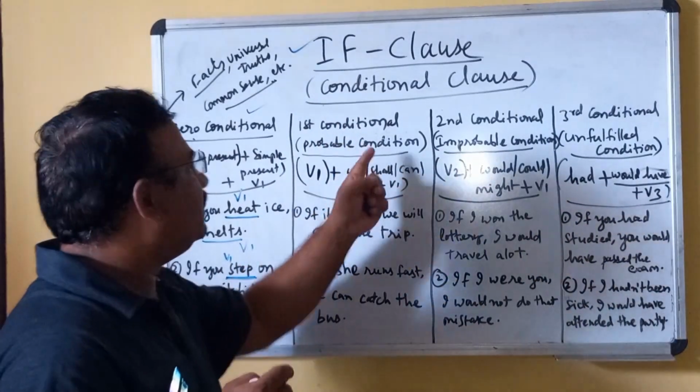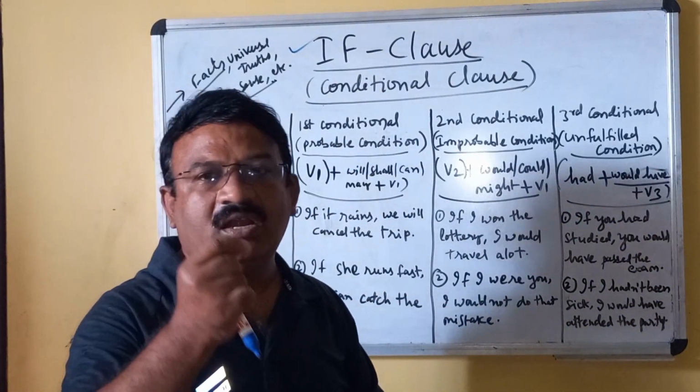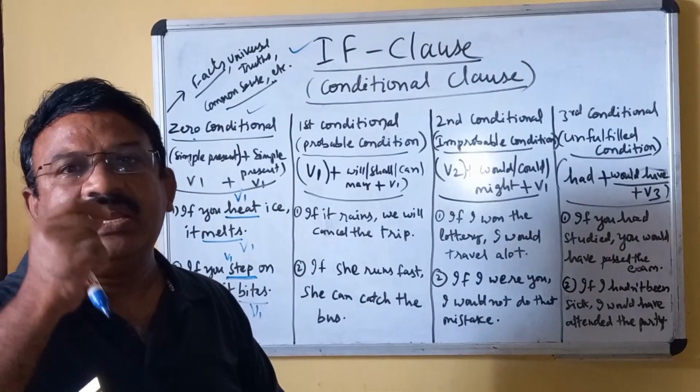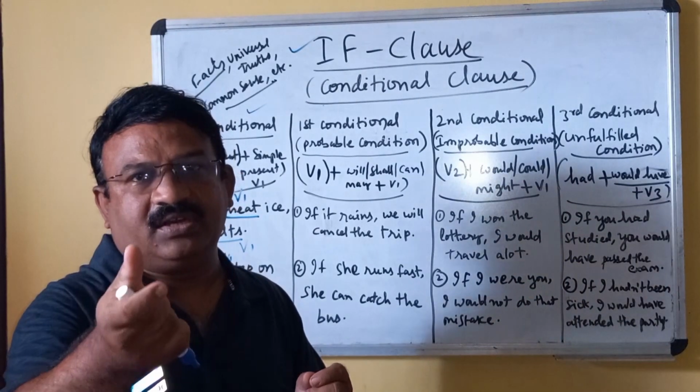The first conditional clause is called the probable condition. Probable condition means probability. It will be sure for that.